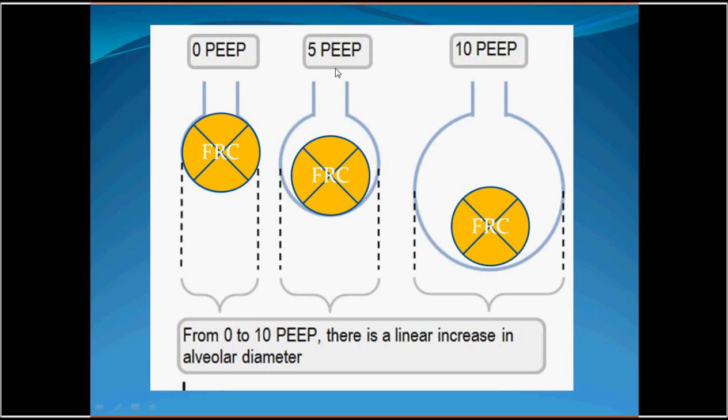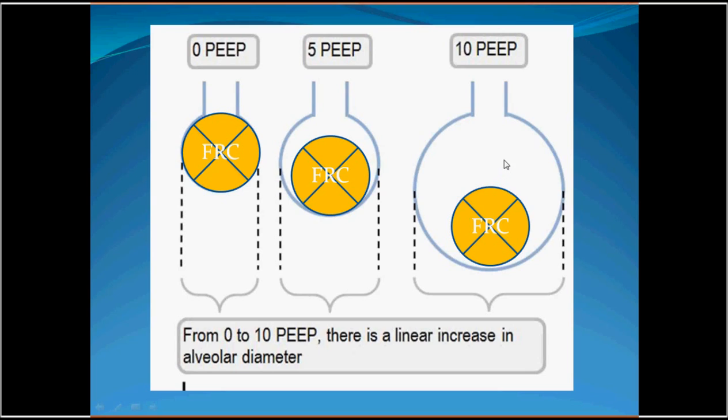This volume produces 5 centimeter water above the atmospheric, and this larger volume produced 10 centimeter water above the atmospheric pressure. So this is PEEP. It is an extra volume above the functional residual capacity, and we do not measure it as a volume, but we measure it as a pressure. So we call it positive end expiratory pressure.